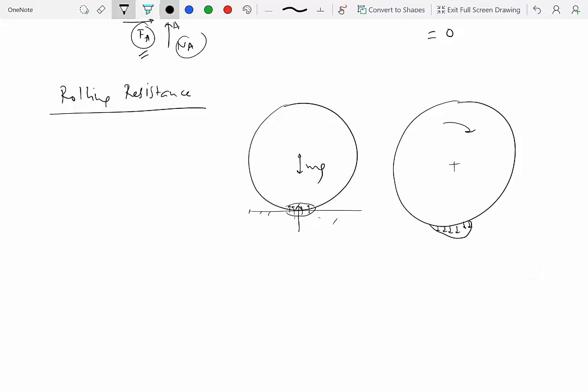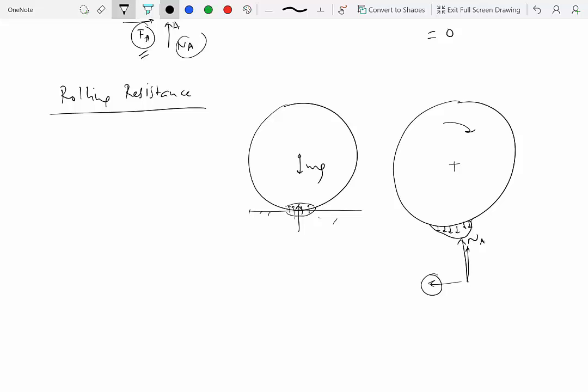And the resultant normal reaction, because of this geometry of the patch, may be acting this way. So it's not exactly vertical, which would oppose just the weight of the wheel, but it is actually at an angle. If it is at an angle, then it can have two components. One is the vertical, which will oppose the gravity, and another one that is opposite to the direction of the motion. And this is clearly acting in the direction opposite to the motion of the car, right?